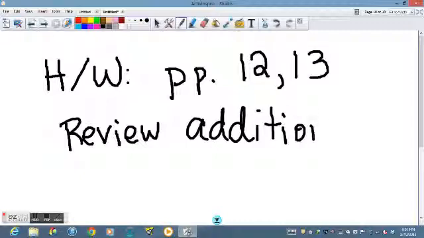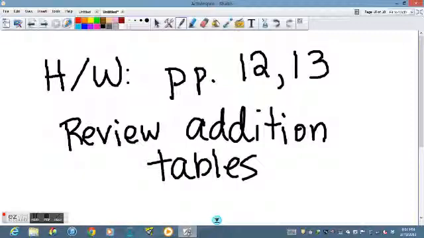Make sure that you go over your addition flashcards and pick out the ones that you may have forgotten and study those so that you know them really well, because we're going to be moving on to much harder things, and so you want to be sure you know your addition.